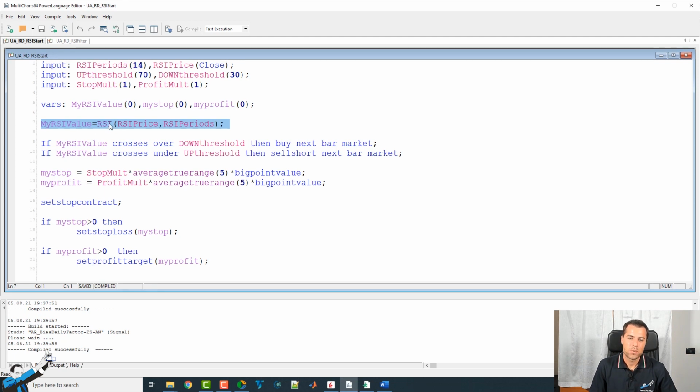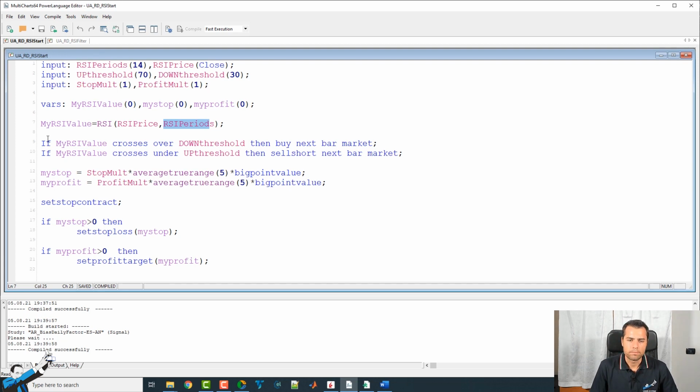On this line, which is one of the main ones, the value of the RSI is calculated. So, first of all, we take the price considered and the number of periods we want to evaluate. After that, following what Welles suggests, we buy at the exit of the oversold threshold and sell at the exit of the overbought threshold.